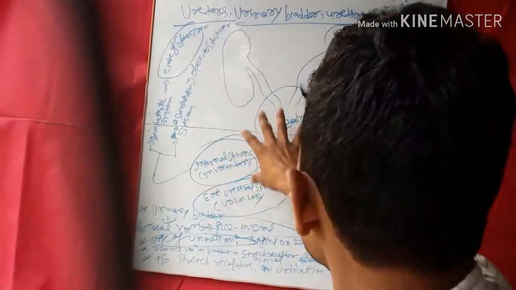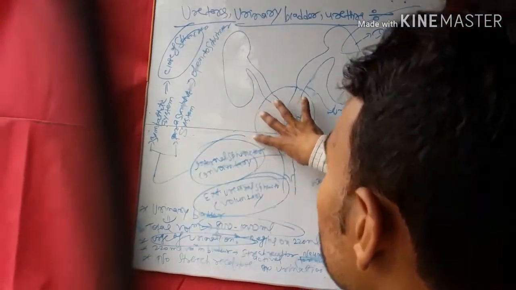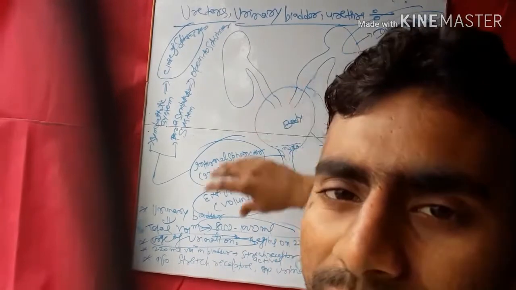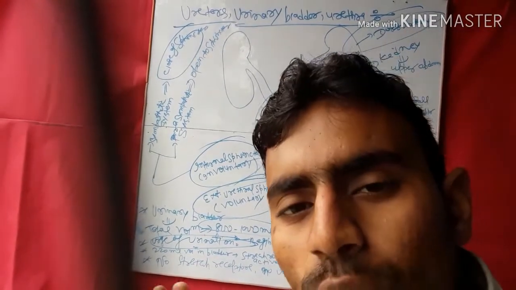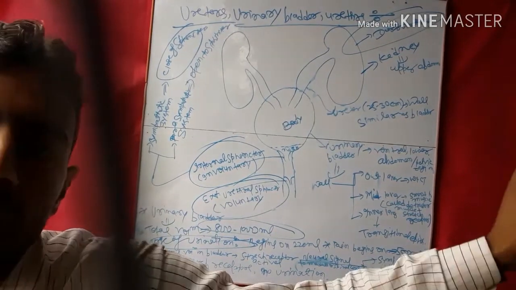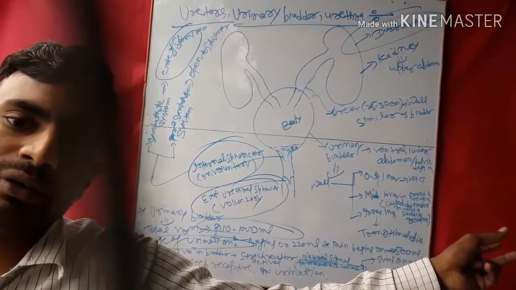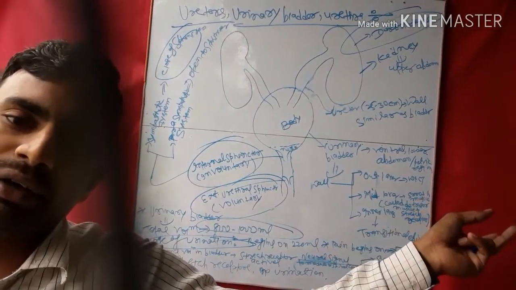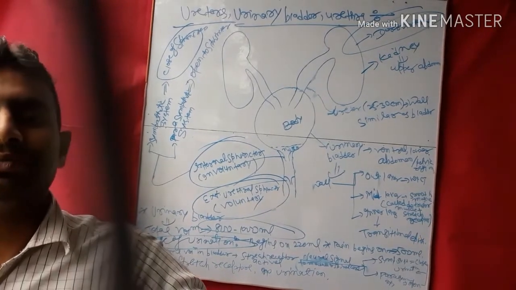There are three walls in the urinary bladder: the outer layer, middle layer and inner layer.